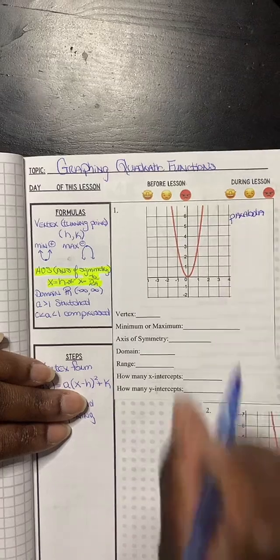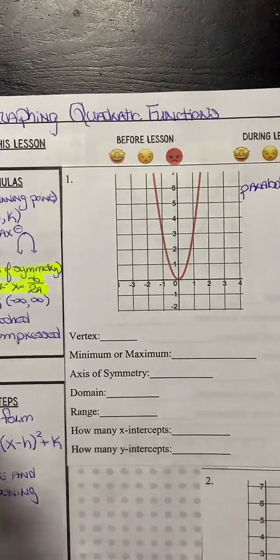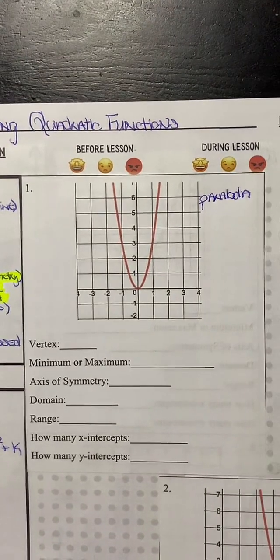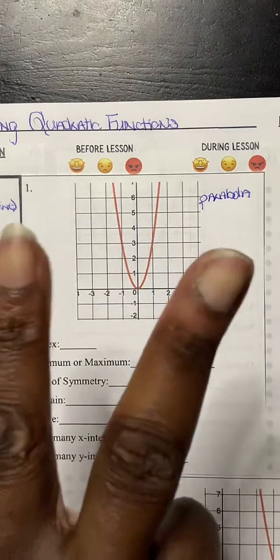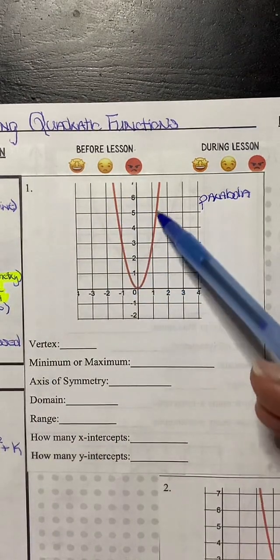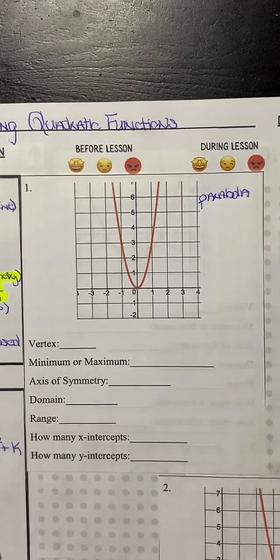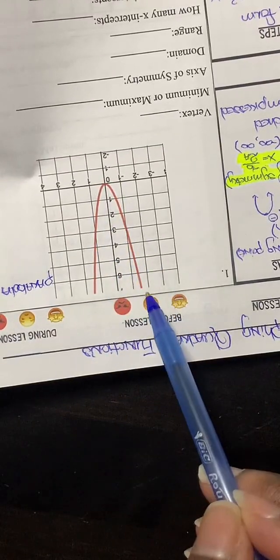Some people say parabola, but it's called a parabola. Okay? So the parabola opens one of 2 ways. It opens either up like a cup, or if I rotate it this way, it can open down like a frown.